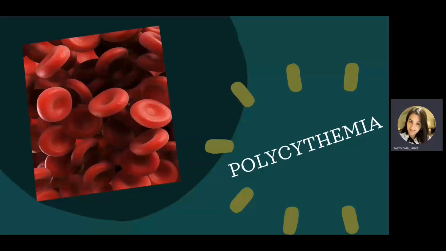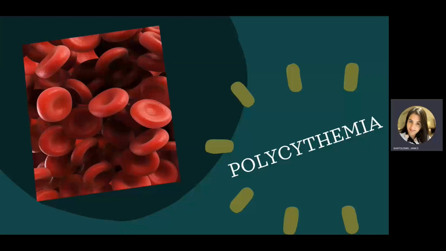All right, the next one is polycythemia. Polycythemia, poly is many. So when you think about polycythemia, think about many of these cells, whereas aplastic is no cells.